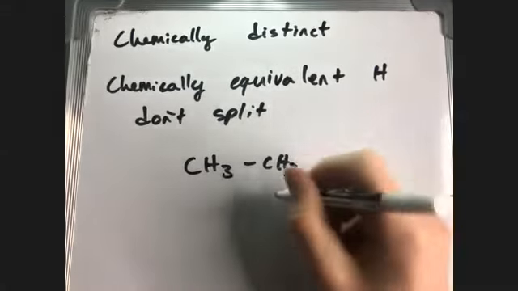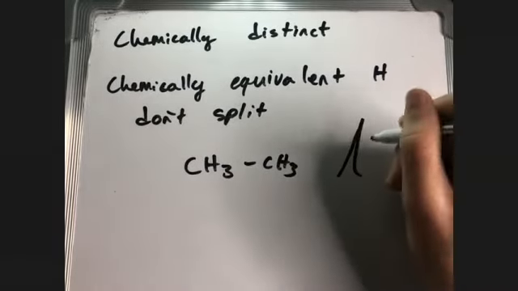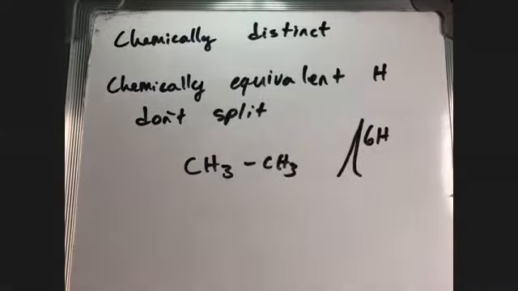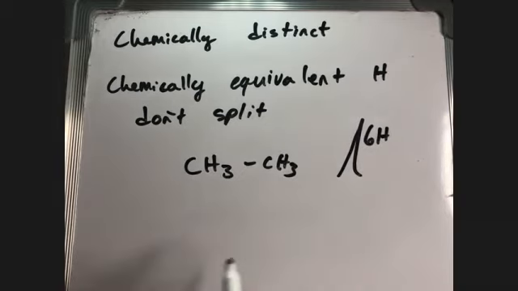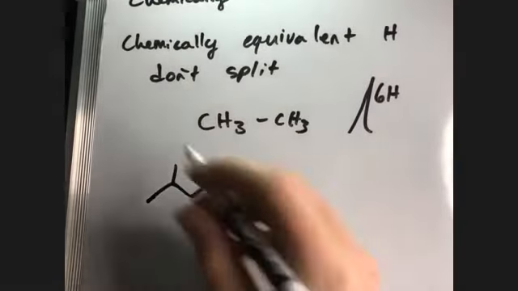So all we would see in the proton NMR for this is one peak that's a singlet that integrates to 6 hydrogens, because these hydrogens don't split each other. They're exactly the same, so they appear at the same position, and that's why we would get a singlet of 6 hydrogens. But now let's look at a different example and determine how many peaks we would see.